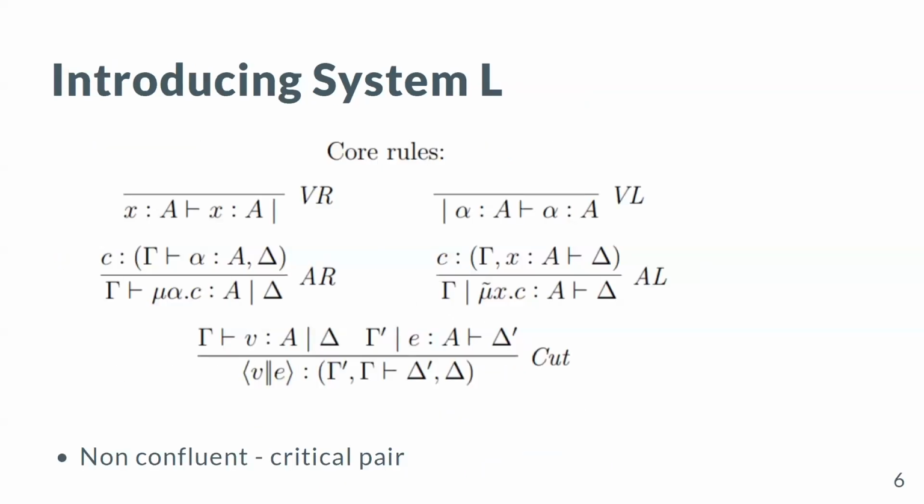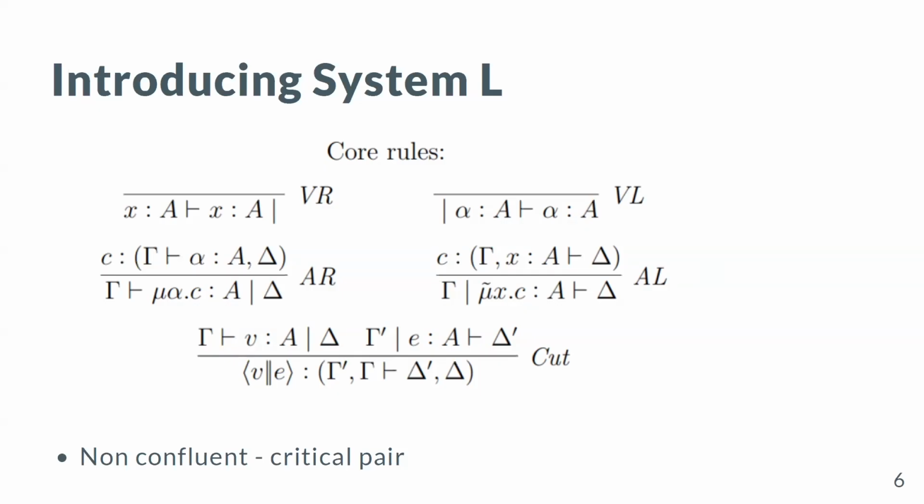So system L, as you've probably seen before, has some core rules, which are the mu and the mu bar binders, here called AR and A left. It's a very minimal system by itself, but this system has a problem, which is that it's not confluent. However, you have the same problem in the lambda calculus.